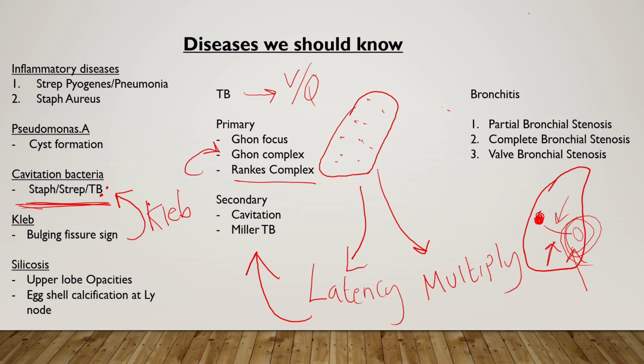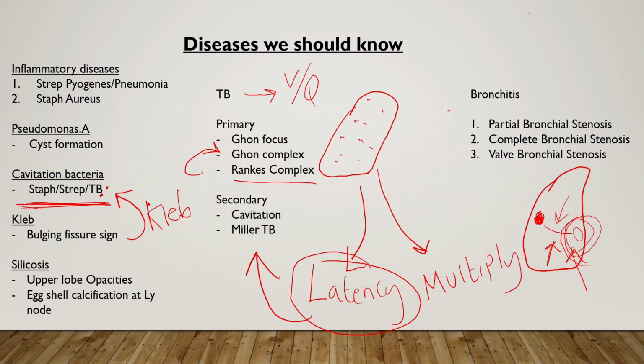Same thing, but now the actual lymph node, the granulomatous lesion, is undergoing calcification. Now, if we go to secondary, through a reactivation of the latency period due to immunocompromisation, you could get cavitation.